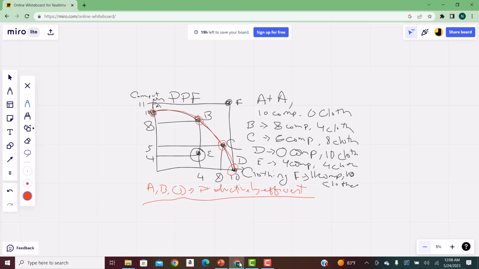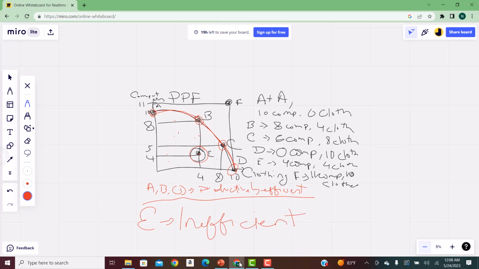Okay. Now we also need to know what point E is. Any point inside the curve, including point E, which is inside the curve, is inefficient. So you need to understand this.